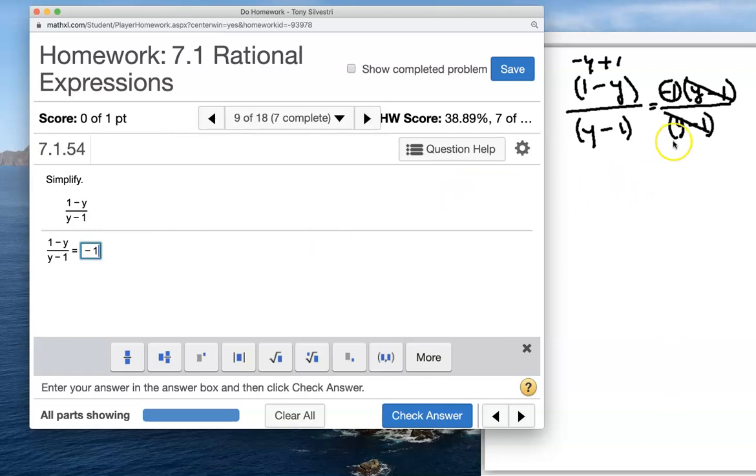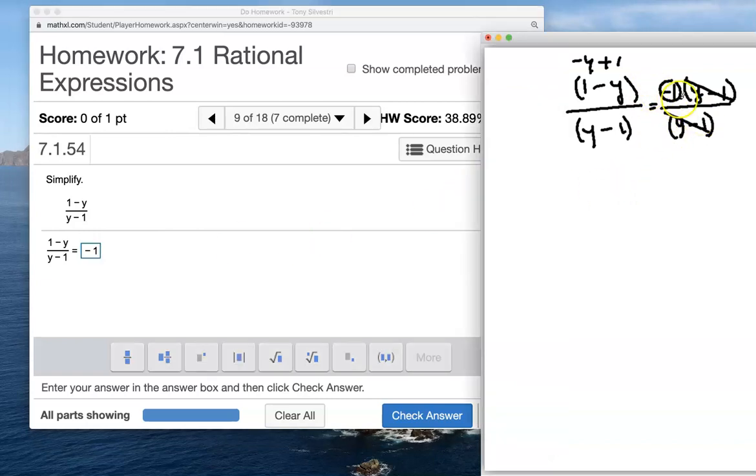Now, I don't have to go through and do all this stuff here. What you can do is, whenever you have the situation where, take a look at the top. You see 1 and negative 1.